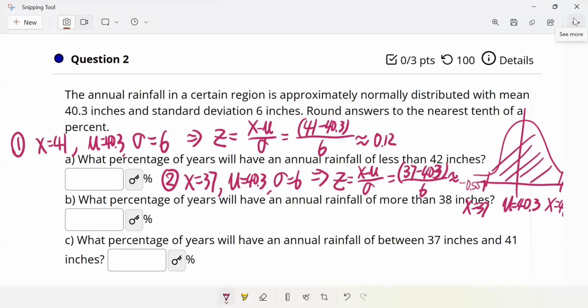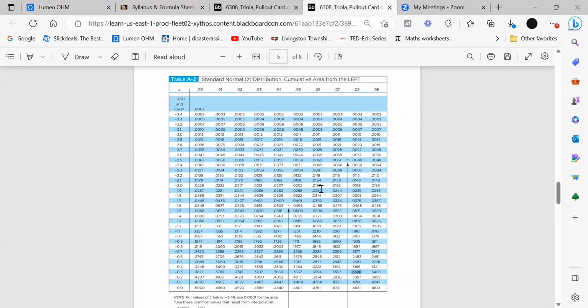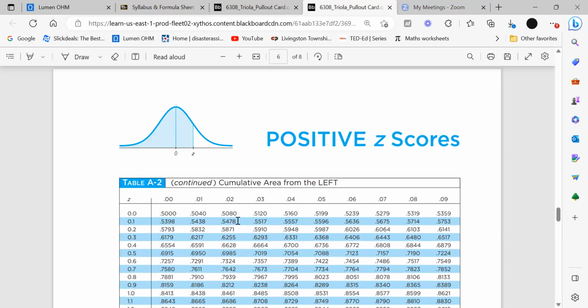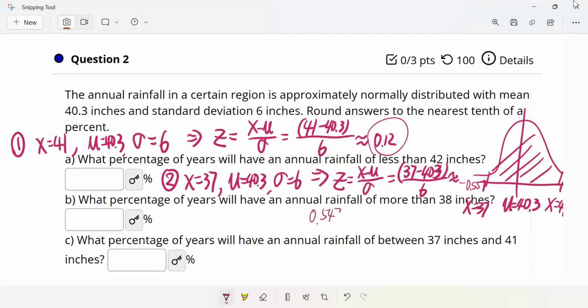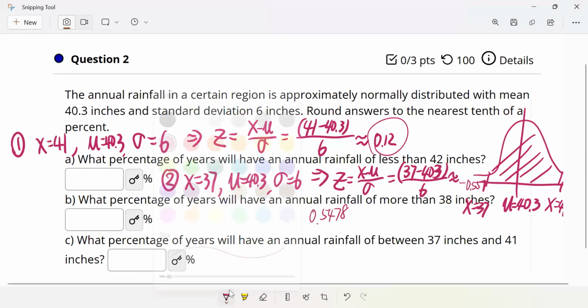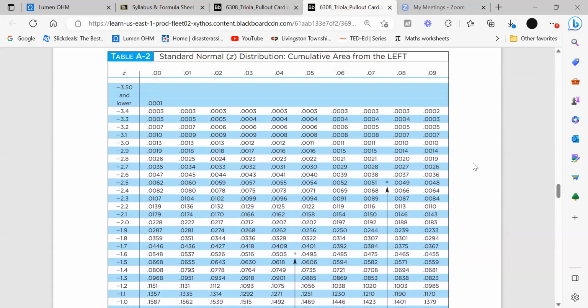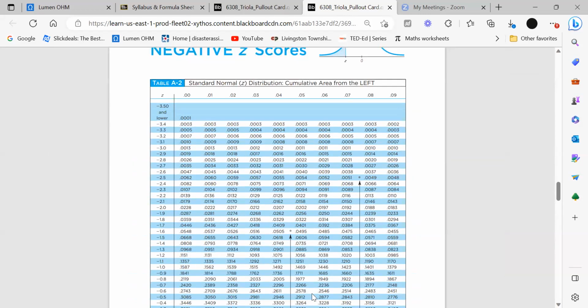All right, so now first of all, we're going to look up the bigger z-score first for the bigger probability. 0.12. So the bigger probability is 0.5478. And we're going to also find the area that corresponds to the smaller z-score, negative 0.55.